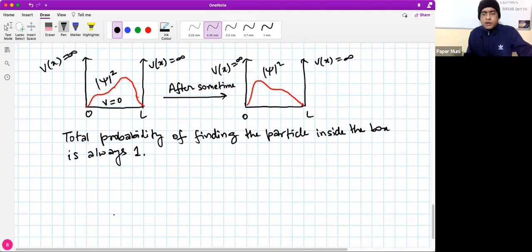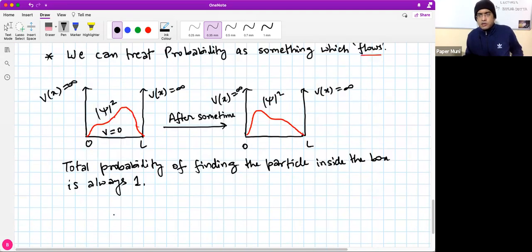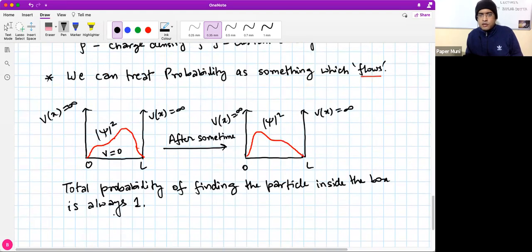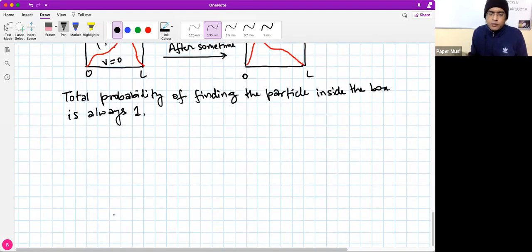So this is some kind of conservation of probability. We'll have a similar continuity equation in this case also. We'll derive it and see. You don't need to remember the derivation, but you need to understand how things are happening. That is how you can get a deeper understanding of how to look at things.